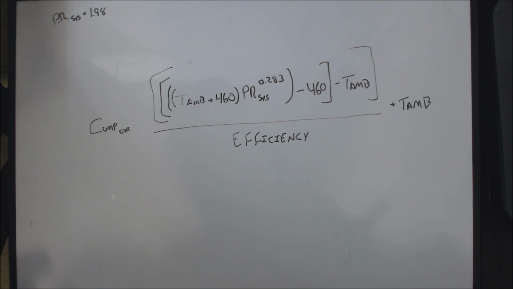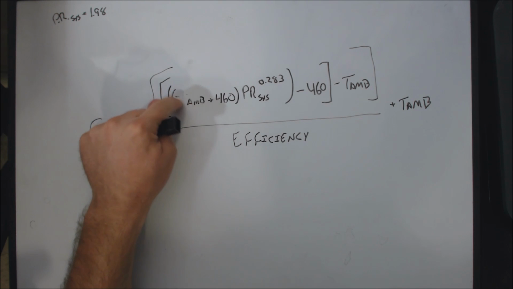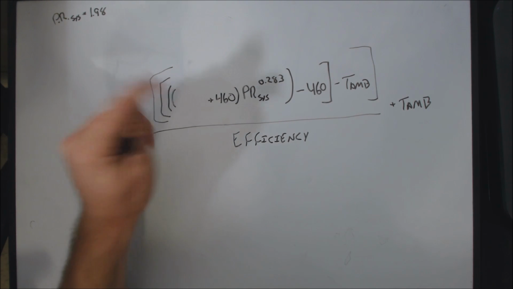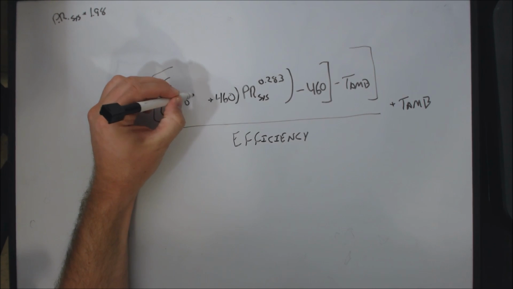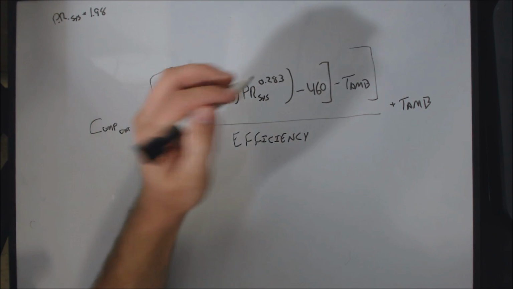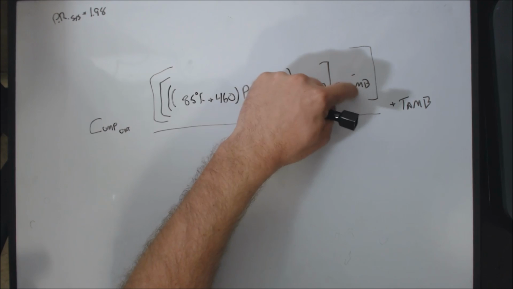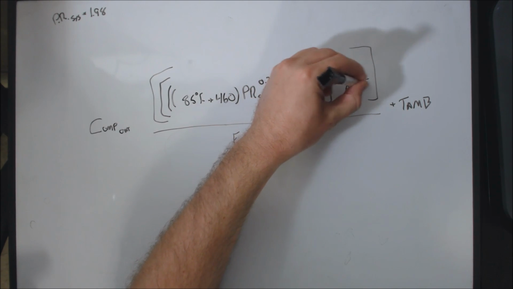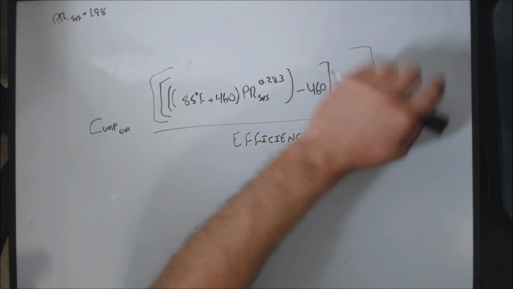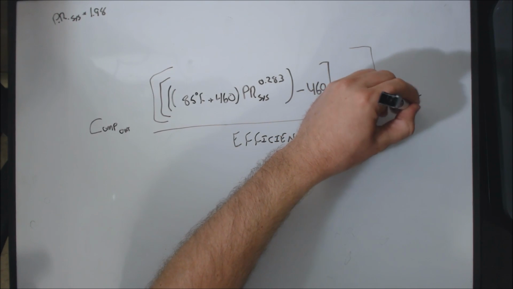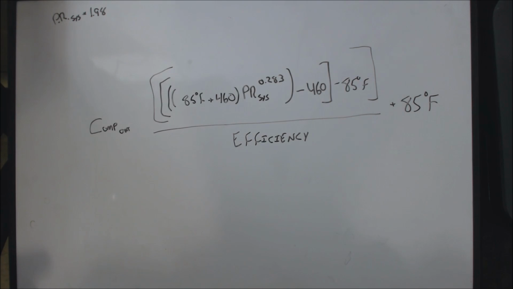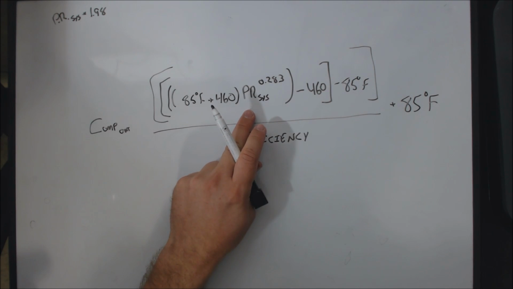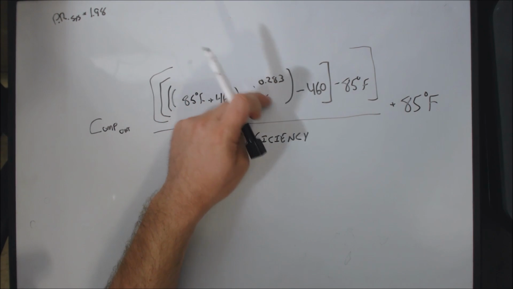I'm going to assume that the temperature outside is 85 degrees, which is a pretty standard assumption in turbocharging. So I'm going to say 85 degrees Fahrenheit for ambient temperature, and I know the pressure ratio of my system.